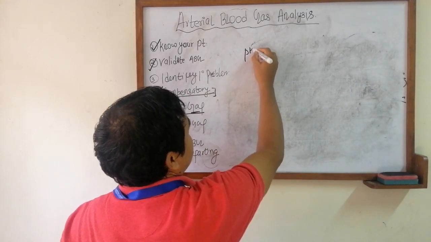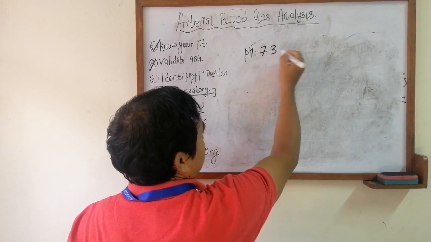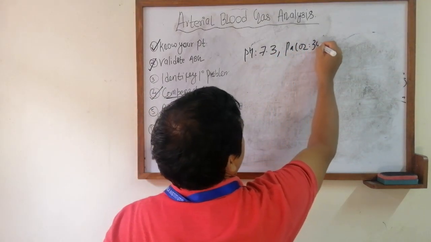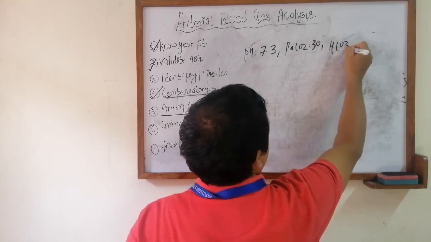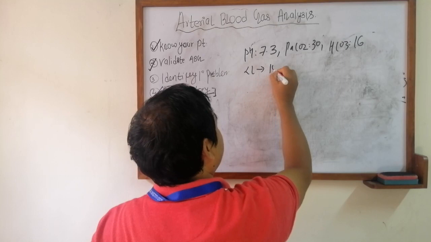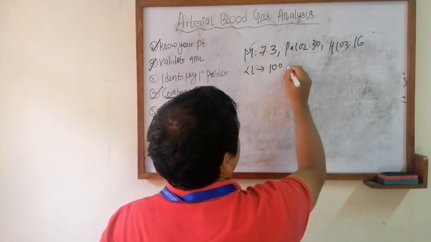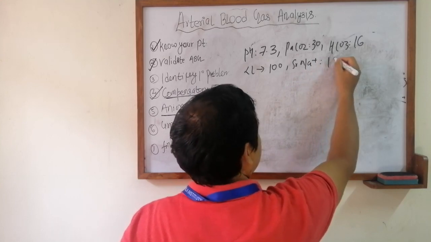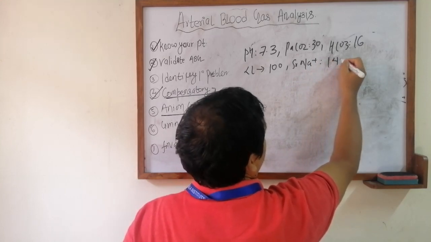The pH is 7.3, PCO2 is 30, bicarbonate is 16, chloride level is 100, and serum sodium is 140.